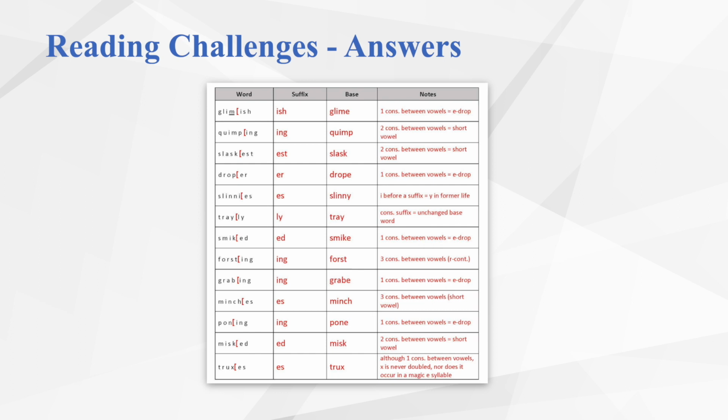But X is one of those letters that never gets doubled. And the reason there aren't two consonants between the vowel suffix and the vowel to keep that vowel short is because X does not get doubled in English. And one other thing that we learned when talking about magic E is that X does not occur in a magic E pattern. So our base word was trux, and our word is truxes.